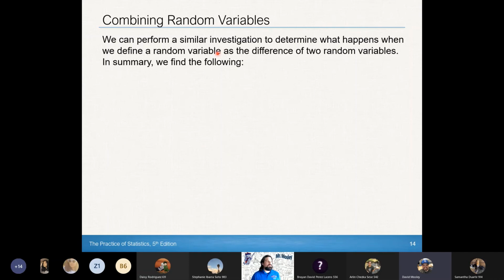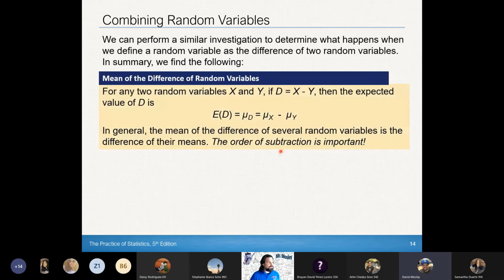We can also perform a similar investigation to determine what happens when we define a random variable as the difference of two random variables. In summary, we find the following. We could go through an entirely new example and show subtracting, but we'll just go over the results.